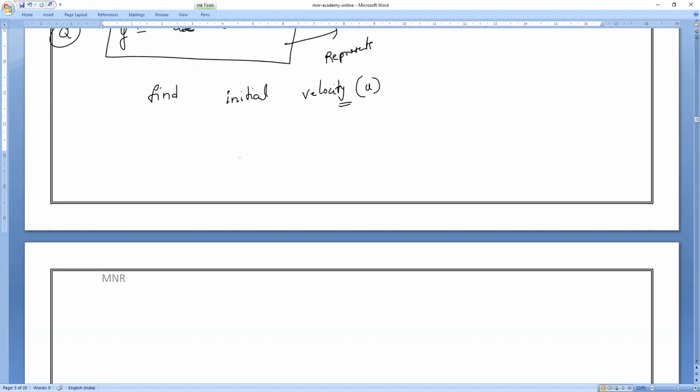Tell me, what is the equation of trajectory? The given equation here is y is equal to ax minus bx square. And we all know the equation for trajectory: y is equal to x tan theta minus g x square divided by 2u square cos square theta.